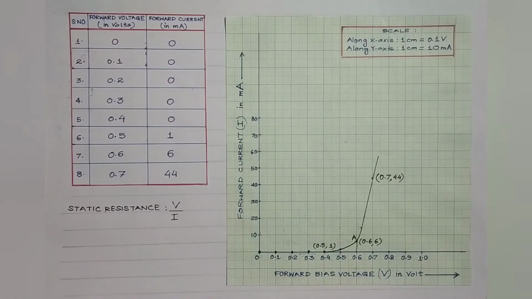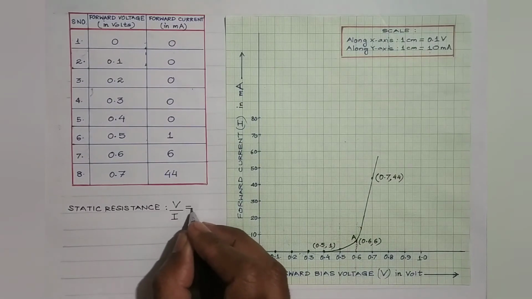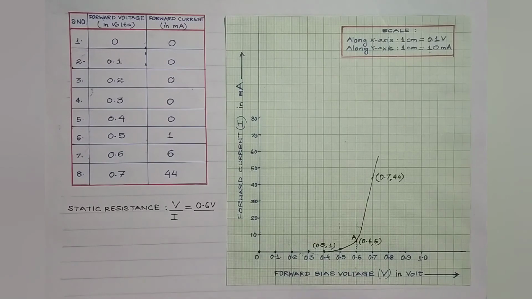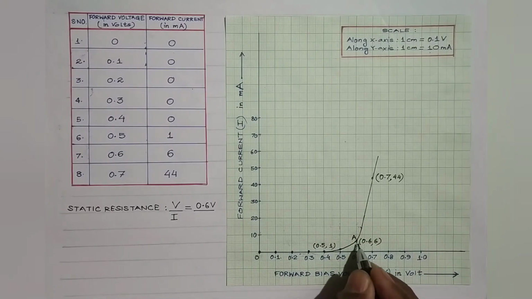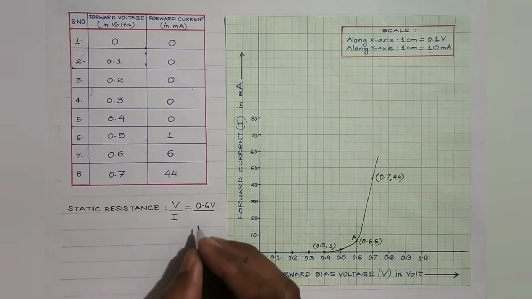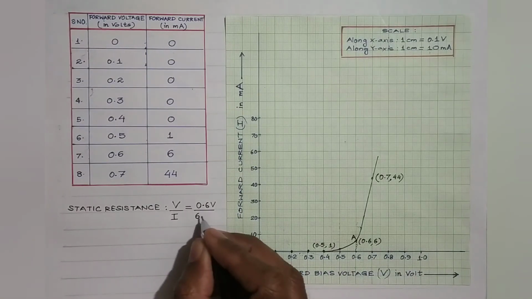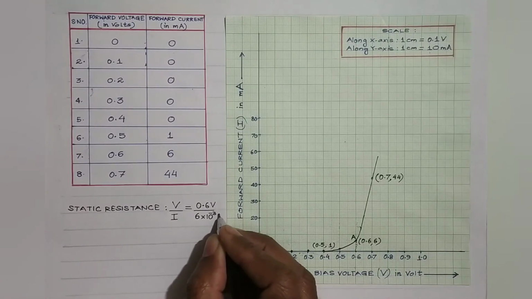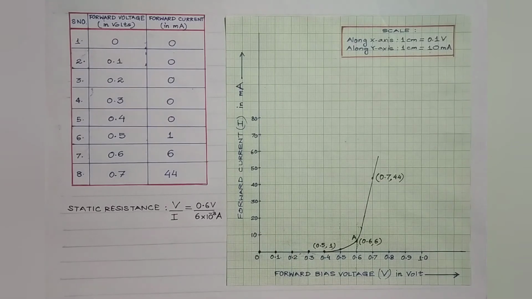So corresponding to point A, the voltage is 0.6 volt, while the current is 6 milliampere. Don't forget to convert milliampere into ampere. So it will be 6 into 10 to the minus 3 ampere, right?